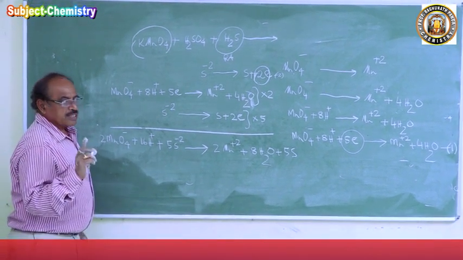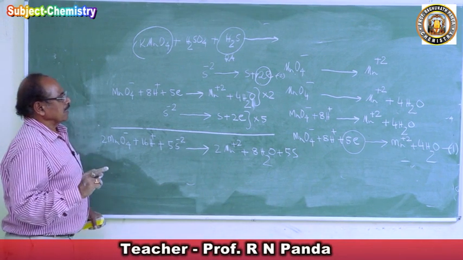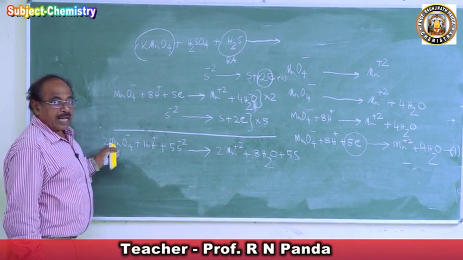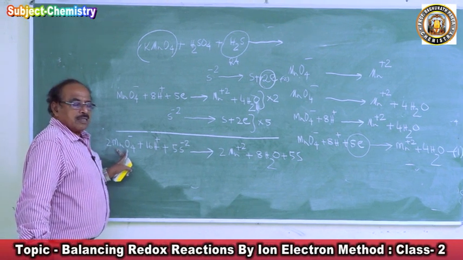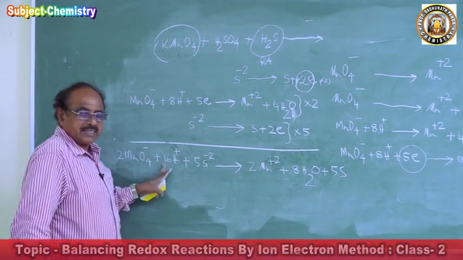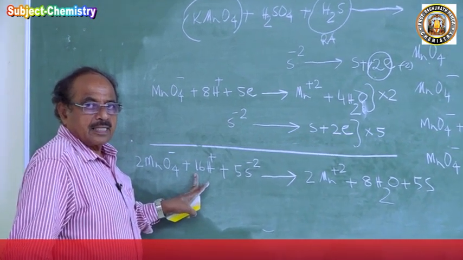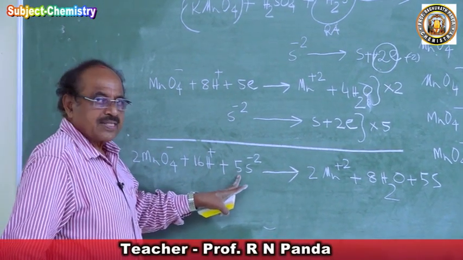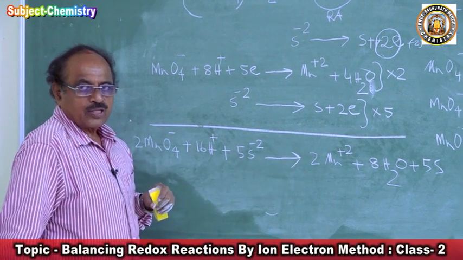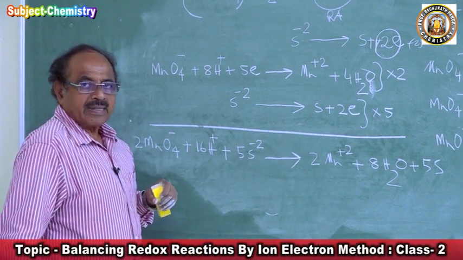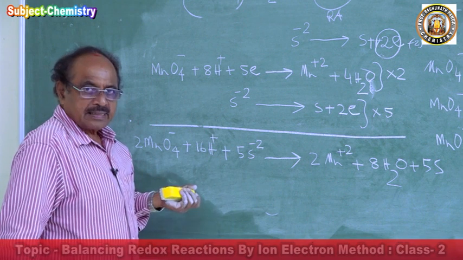Now students, if you see the partial equation, 2KMnO4 plus 3 sulfuric acid and 5H2S forms K2SO4, 2 MnSO4, 8 water, 5S.